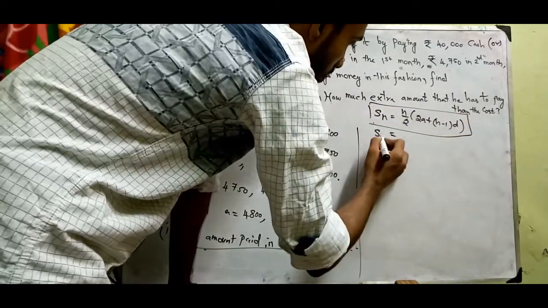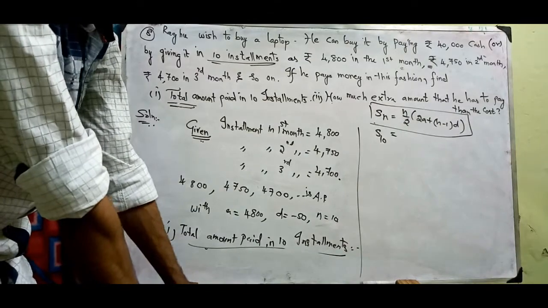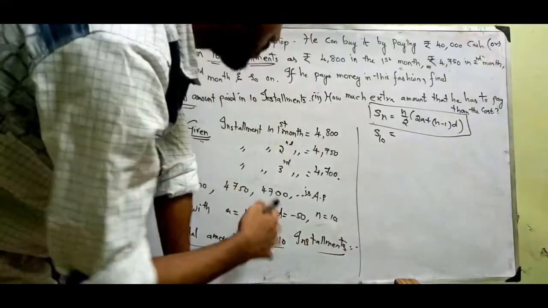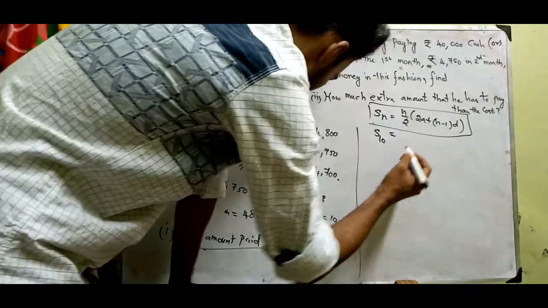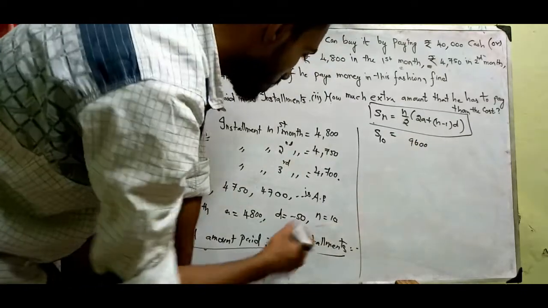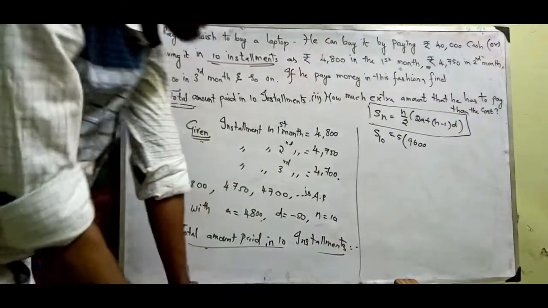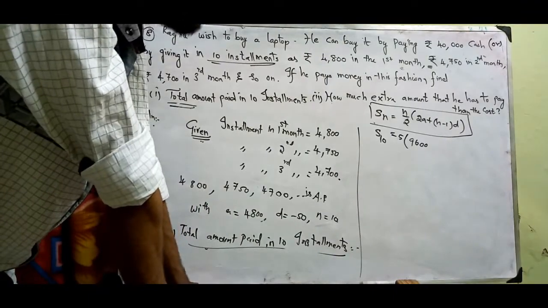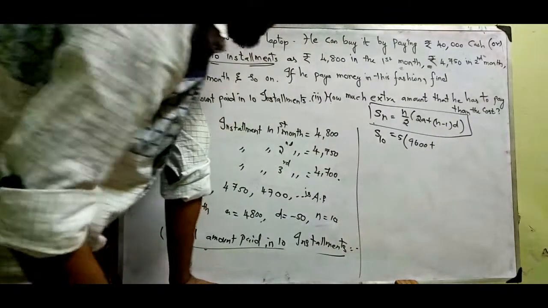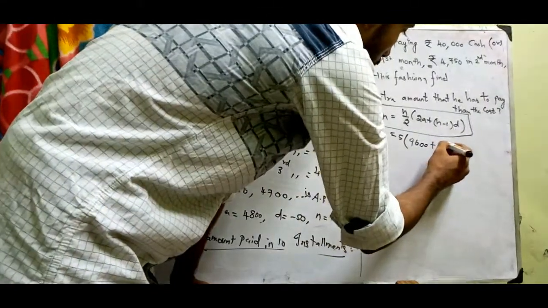So S10 is 2a, where a is 4,800, so if we double it, 9,600. Then n by 2, n is 10, so 10 by 2 is 5. Then (n minus 1)d: n minus 1 is 9, times d, which is minus 50.